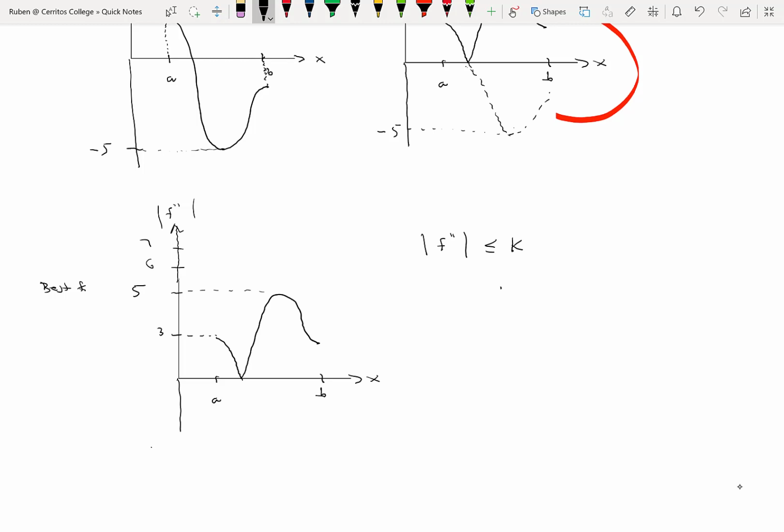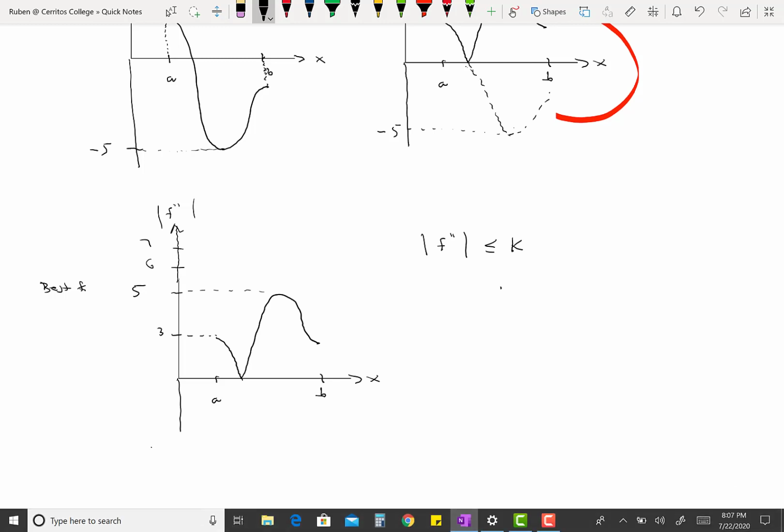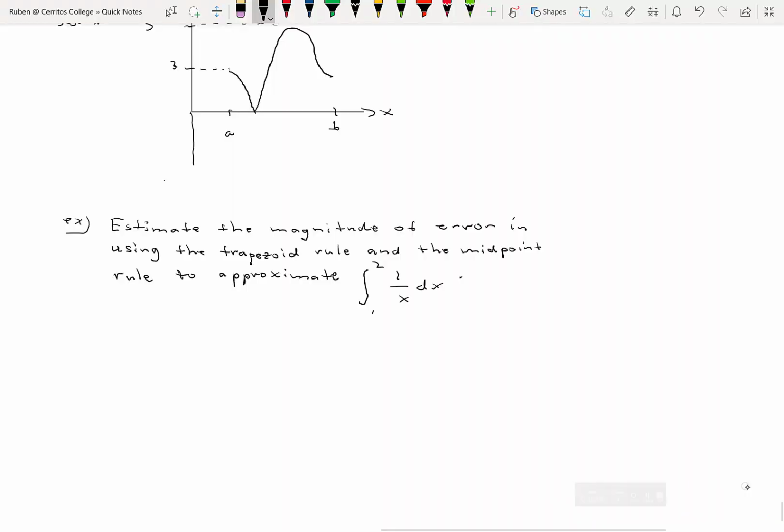Let's take a look at estimating some error based on the integral approximations that we were working on in the previous section. So, for example, estimate the magnitude of error in using the trapezoid rule and the midpoint rule to approximate the integral from 1 to 2 of 1 over x dx.